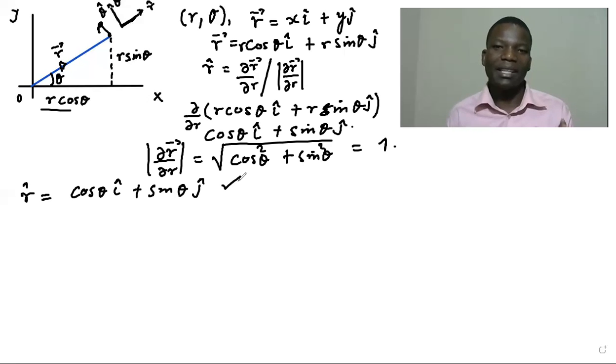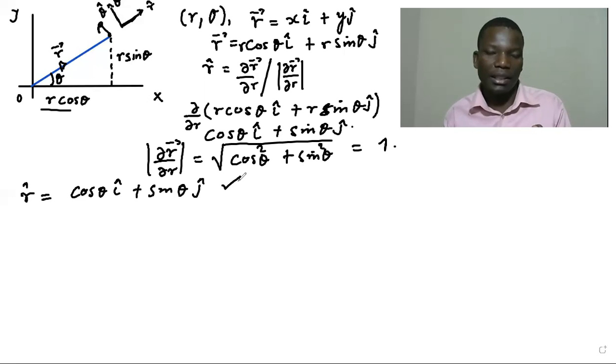Now the same thing happens to the unit vector in rotation. In the first case, theta was constant as r, the position, was increasing. Now the position is going to be constant, and theta, the rotation, is going to be increasing.